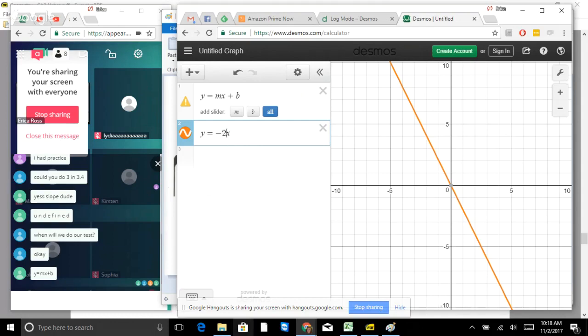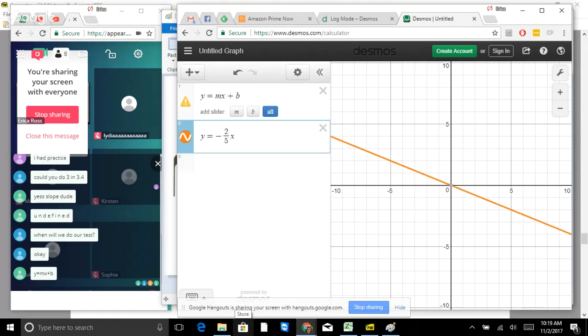Or if I really wanted to make it clear, I could do -2 over 5, let's say, right? So I rise -2, so I'll start here. I go down -2, and over +5. Down -2, over +5. Or I could rise +2, run -5. Rise +2, run -5.